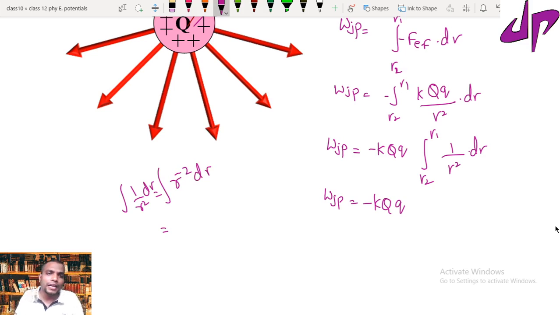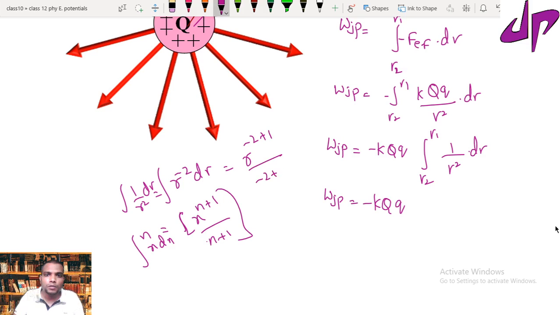You can apply the integral formula: the integral of x power n dx is x power n plus 1 by n plus 1. Here you get r power minus 2 plus 1 by minus 2 plus 1, which equals minus 1 over r.